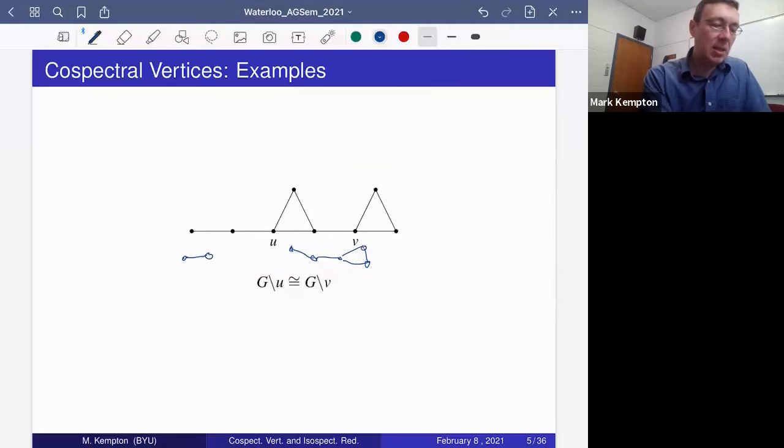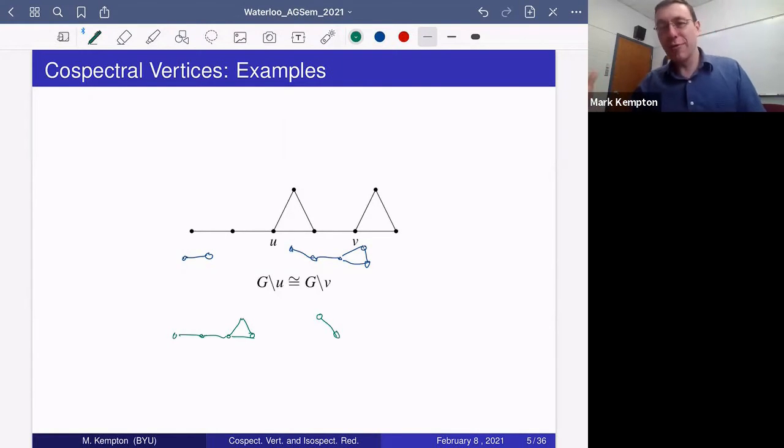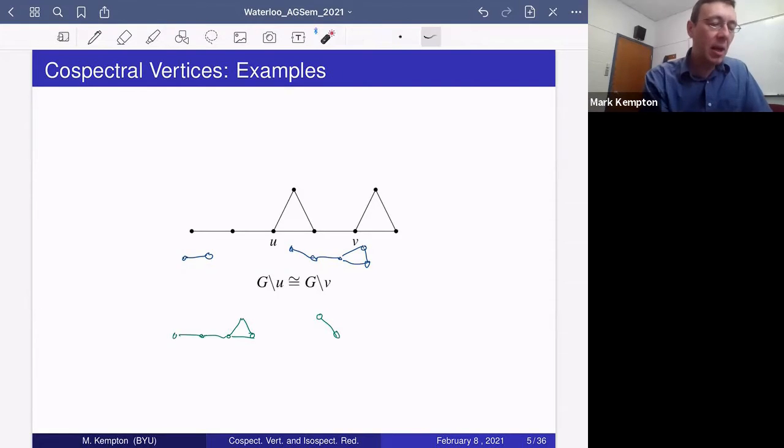And if I delete the vertex V, it turns out that I get this path connected to this triangle and an isolated edge. So here G minus U and G minus V are isomorphic as graphs and therefore cospectral graphs. So U and V are cospectral vertices.